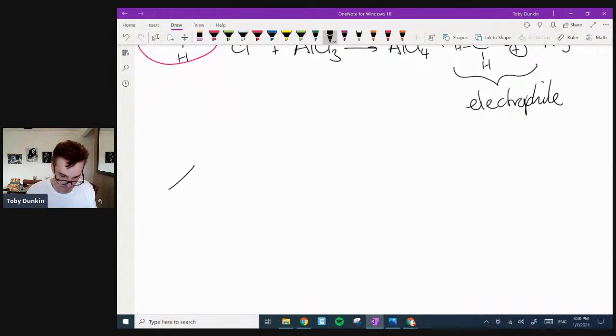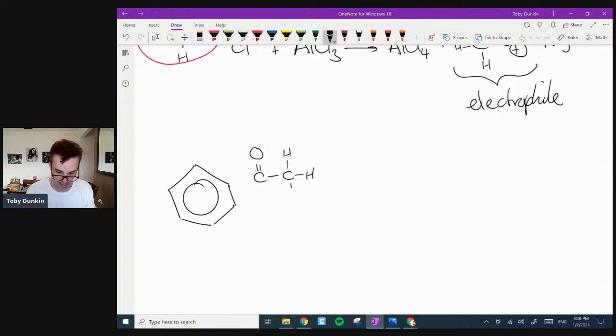Benzene. Draw it out, C double bond O on CH3. I'm orientating it as I need it. There's the full plus. I'm going to put it here. Product.